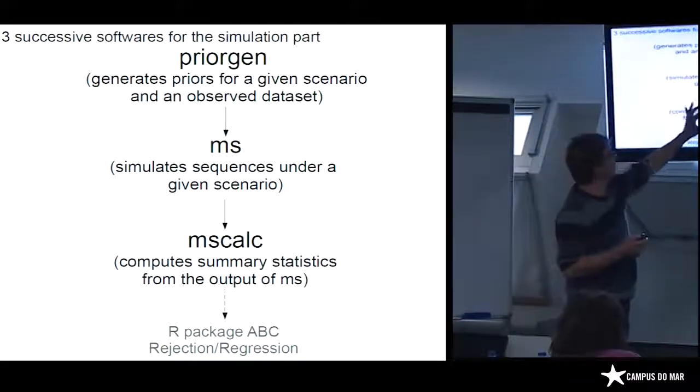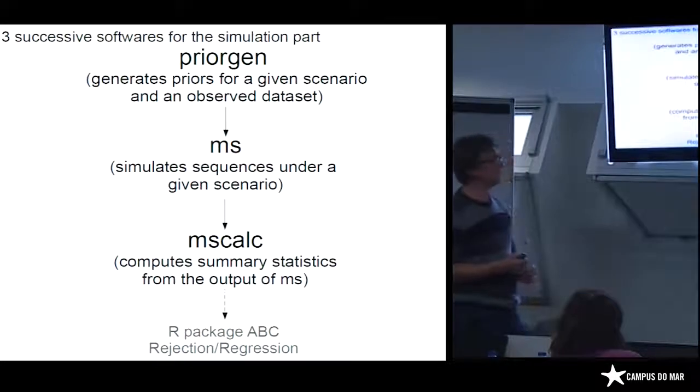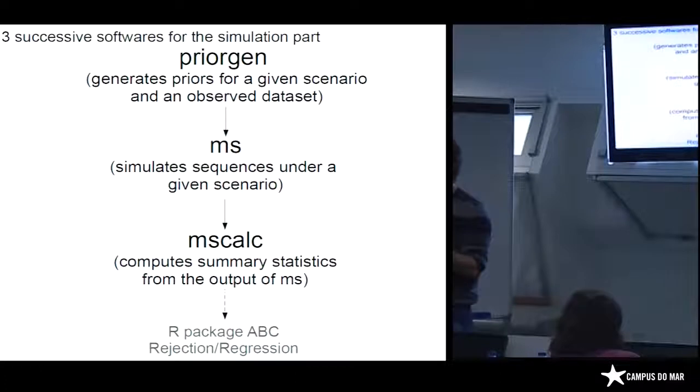And from this, we can go to the R package called ABC that allows to do the third step, model comparisons and the estimation of the parameters of the model.